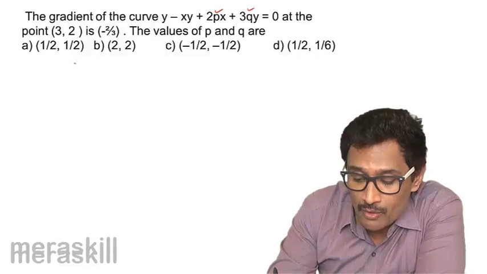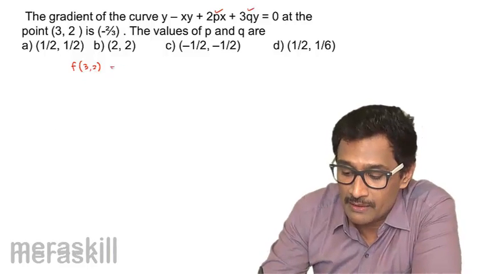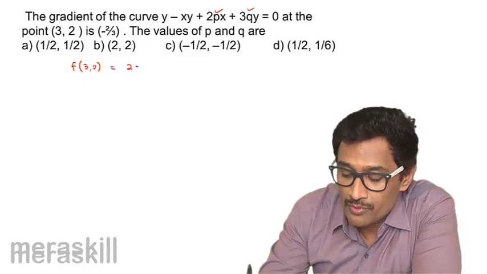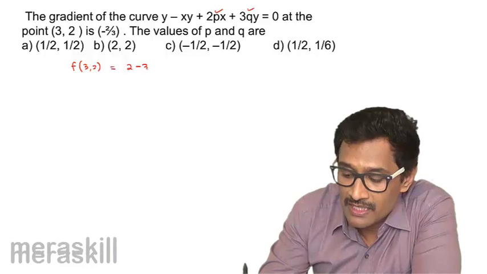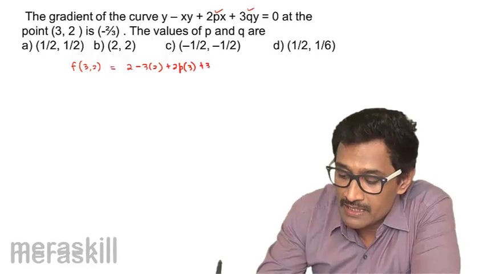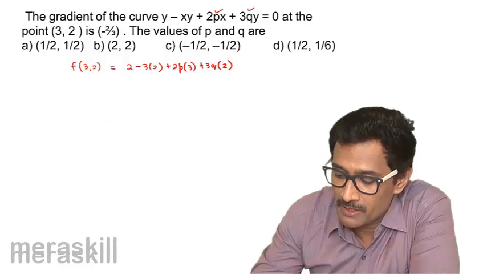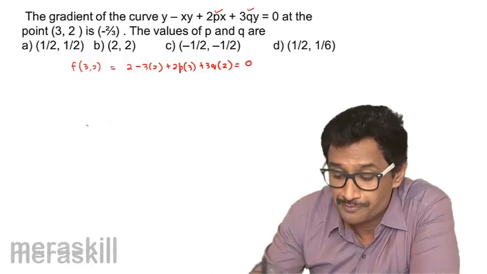So we find the value of the function when x is 3 and y is 2, which is nothing but 2 minus 3 into 2 plus 2p into 3 plus 3q into 2. Yes, the value of this function is equal to 0.